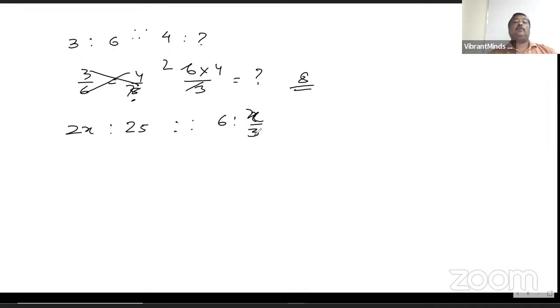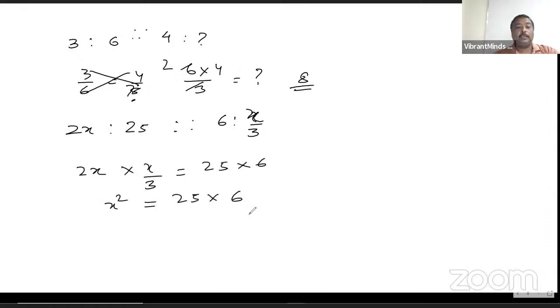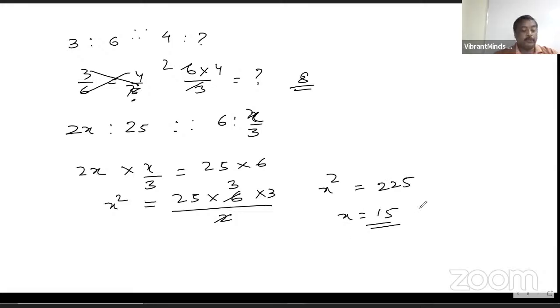So how can we do it? 6 into 25 divided by 2, and let's get it by 3. And what we are getting here is x square is equal to 225. So x will be 15. What is the value of x over here? 15. Is it clear, guys?